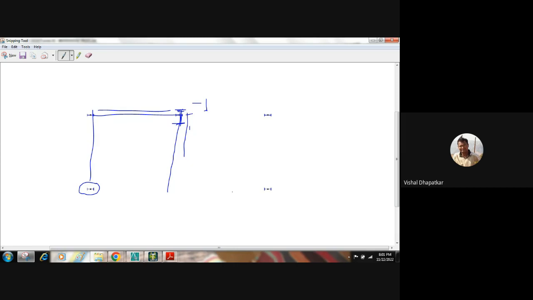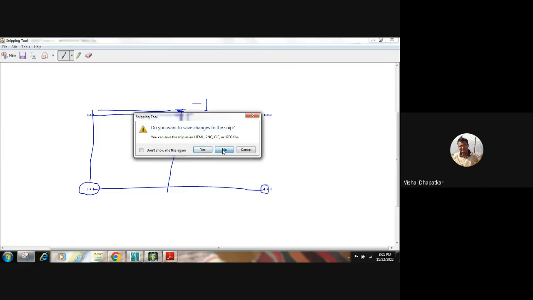The basic reason of keeping this column is that we have a rafter here, right, at the top. And we are providing a moment connection to this rafter and column. Always the moment connection will be on the flange. It will never be on the web side. The moment connection, if it is there, should always be on the flange side, not on the web side.